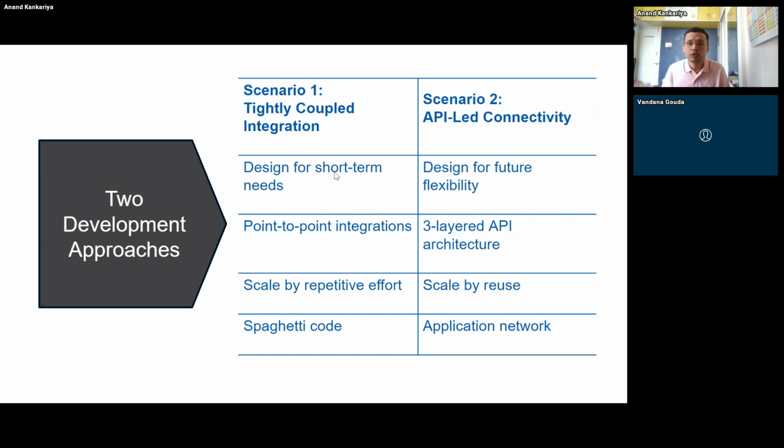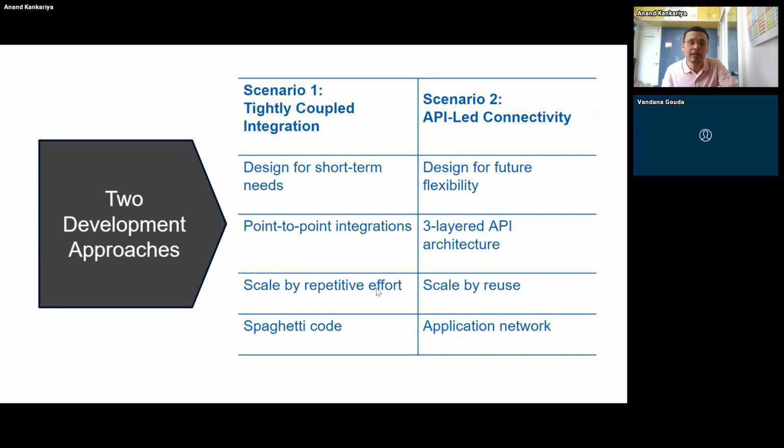If they want repeated development to happen, then we have to explain that this approach comes with repetitive effort. Whenever we do the first development, it will be done faster, but when the second development comes, it will be the same operations, the same development we have to do, because it hardly has any reusability.